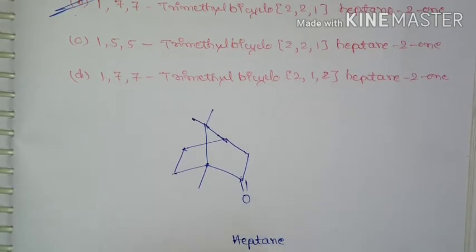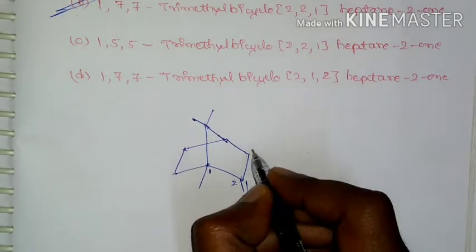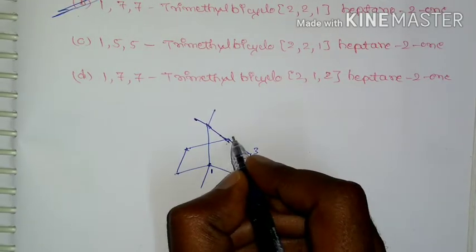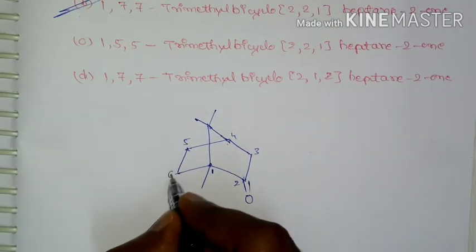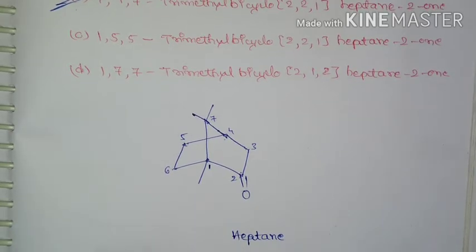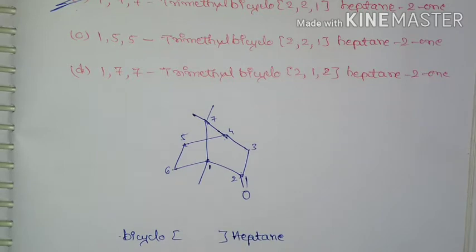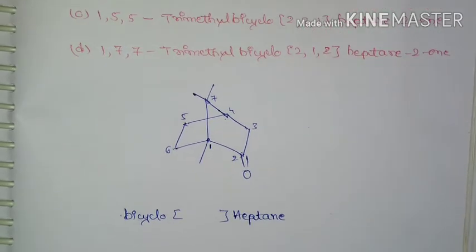Okay, and if I start numbering, I am going to start with bridgehead 1, 2, 3, 4, 5, 6, 7. If it is a bicyclic compound, we need to include a bicyclo prefix, and within the bracket we need to mention the bridge carbons.